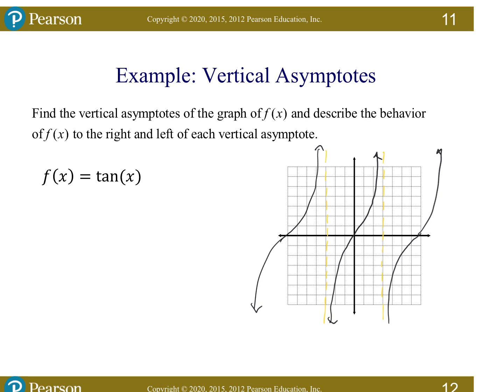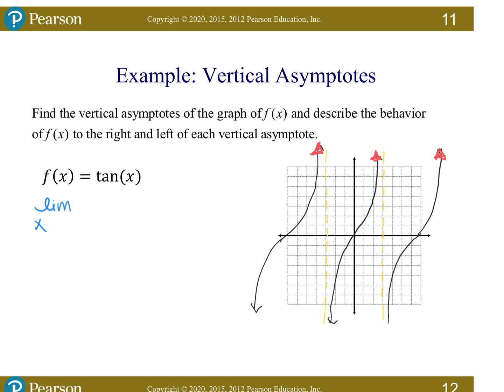Okay, on the left side of every asymptote, where am I going? Where am I heading? Positive infinity. On the right side of every asymptote, where am I heading? Negative infinity. So this is the left side of every asymptote. Okay, the left side of every asymptote is pointing to positive infinity. So I can generalize that this way.